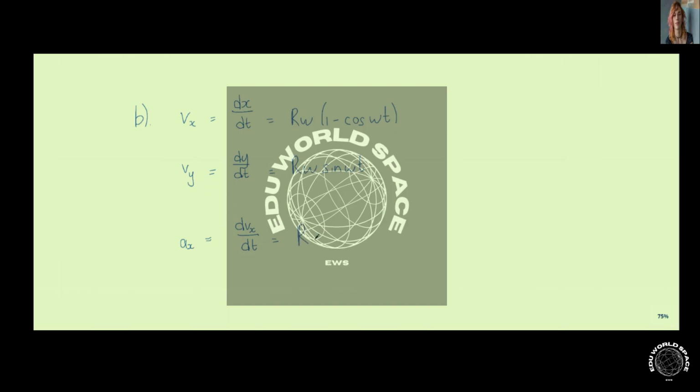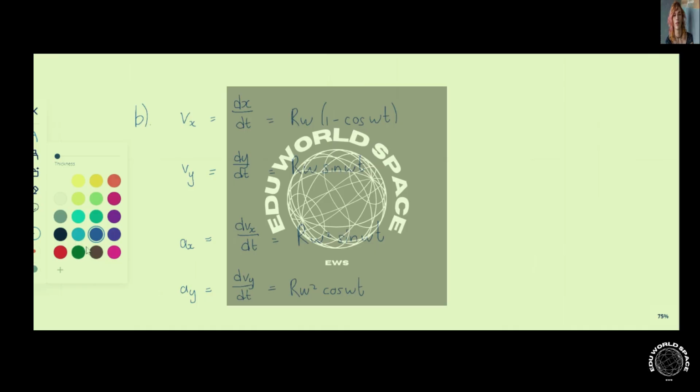So this gives us r omega squared sine of omega t, and the y component of acceleration is similarly dvy/dt, and this is r omega squared cosine omega t. So now we have our accelerations and our velocities for the particle at any time t.